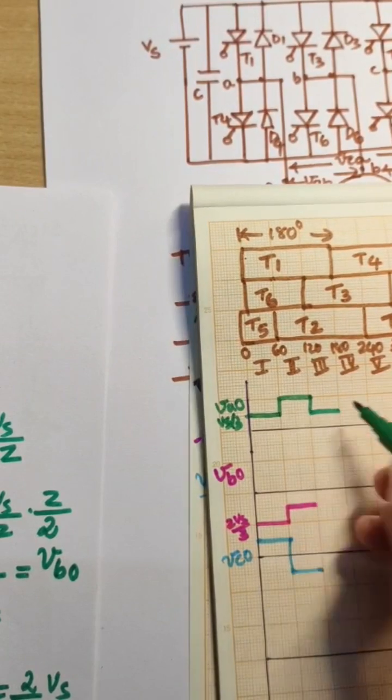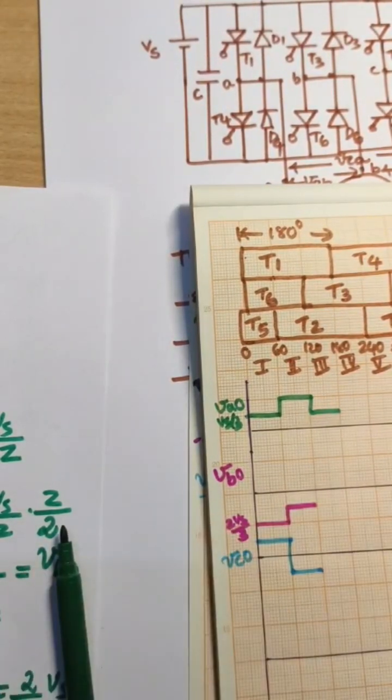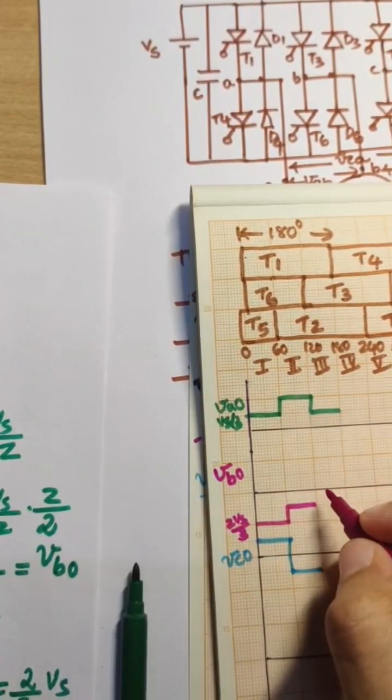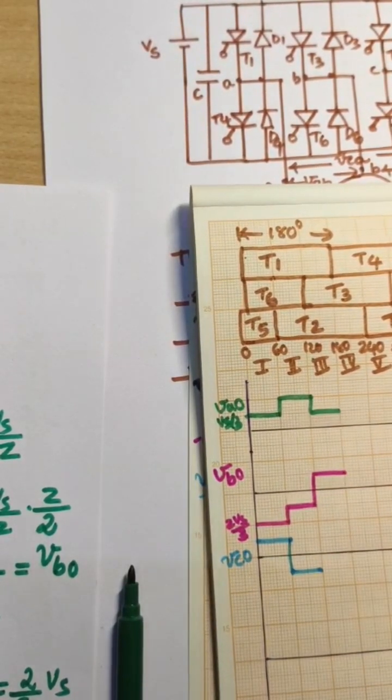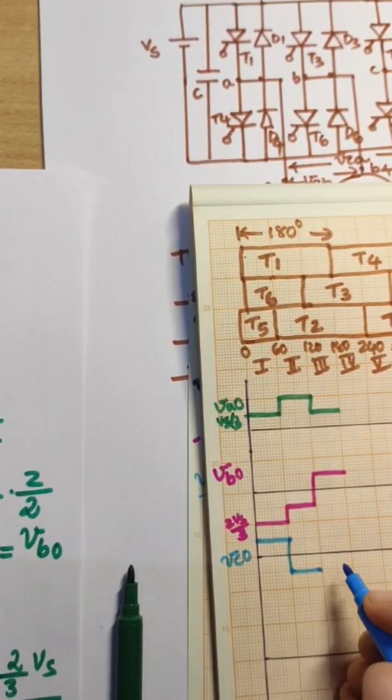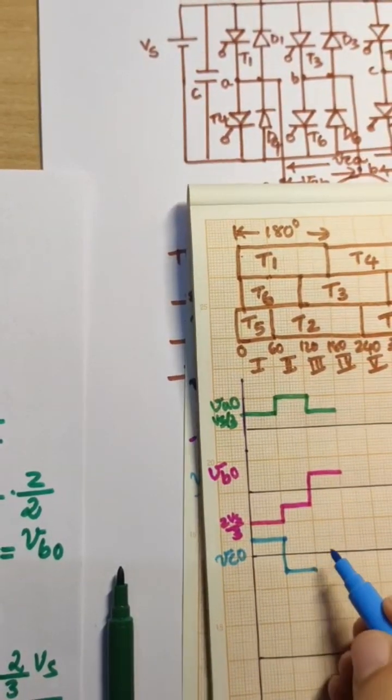So in the third step, VAO is Vs by 3, VBO is Vs by 3. Now VCO is minus 2 Vs by 3.